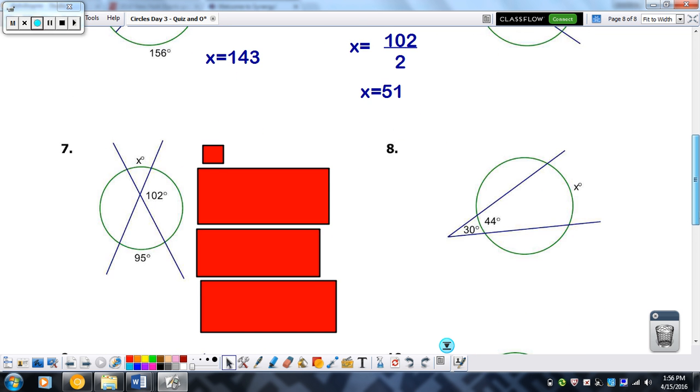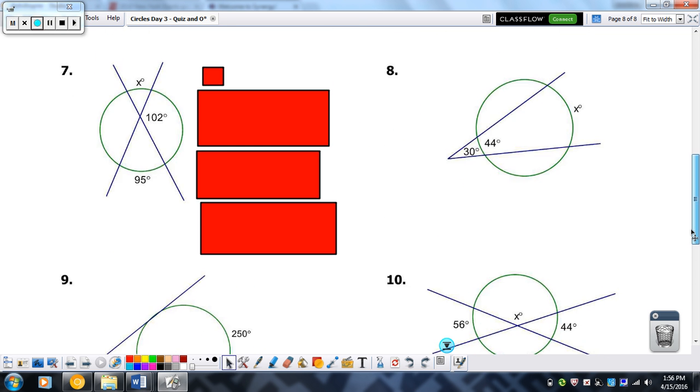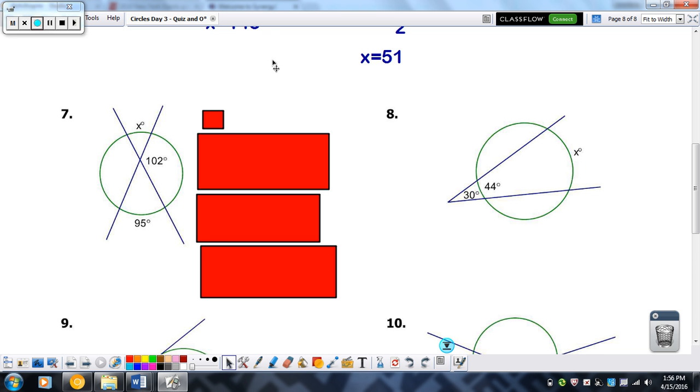I want to go over one more example with you guys before I set you loose to do the rest. If we look at number 7, we can see that this arc measurement is x degrees, this arc measurement is 95 degrees. We have the measure of this angle, 102, but our theorem doesn't tell us how to deal with that. Our theorem only tells us how to deal with these angles, this one or this one.